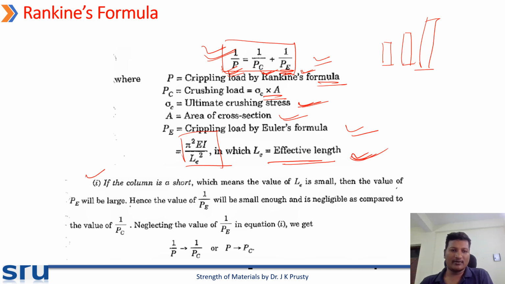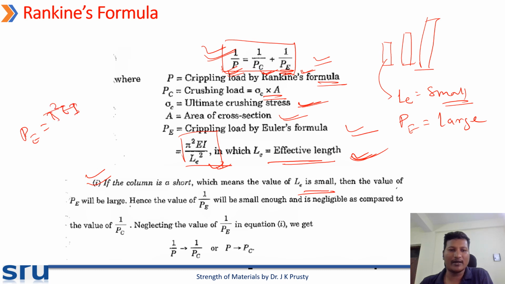So what he is saying, according to Rankine, is if the column is short, which means the value of LE is small, yes or no? If the column is short, then the equivalent length LE is small. Then if LE is small, the value of PE would be large. If we put the value of LE here, we know PE is equal to pi square EI by LE square. If this is a small value, we get a large value for PE.